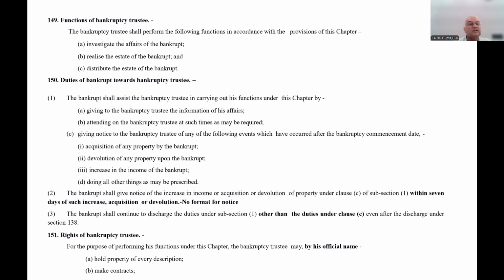151. What are the rights of the bankruptcy trustee? So these rights, now if we compare them with the rights of the liquidator, rights of the bankruptcy trustee. So any corresponding section for rights of the liquidator?